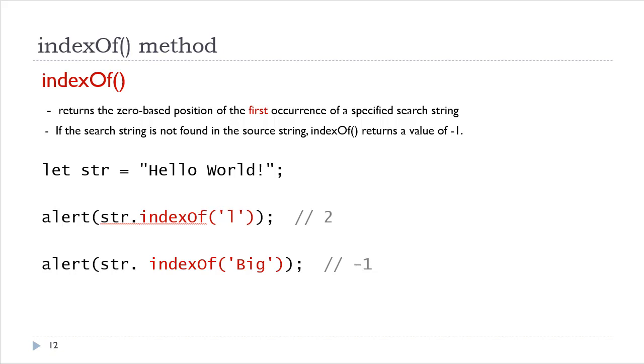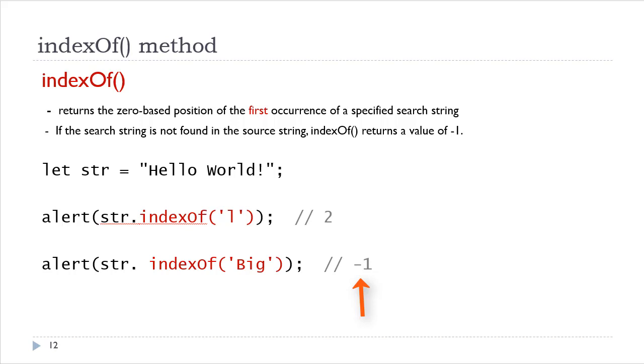It only returns the first occurrence. There could be more than one occurrence. So here I have the indexOf L, and we see in our string there are 3 L's. It will return the position of the first occurrence. However, if the search string is not found in the original string, it will return -1.